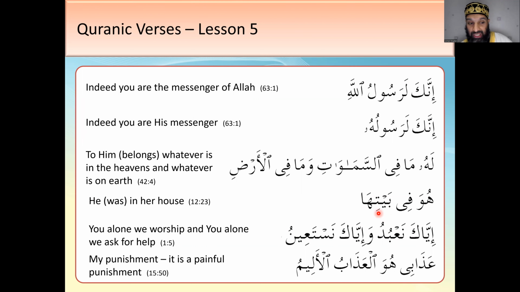But what about the house? It's ha. What's ha doing? Yes. Her house. Remember the ha is hers. So baytiha, and it's majroor. Bayti, it's not baytuha, it's baytiha because of the fi. Fi made it majroor. Fi baytiha, her house. So he was in her house. I'm presuming here the context of the sentence is telling you that it's past. He was and not he is.